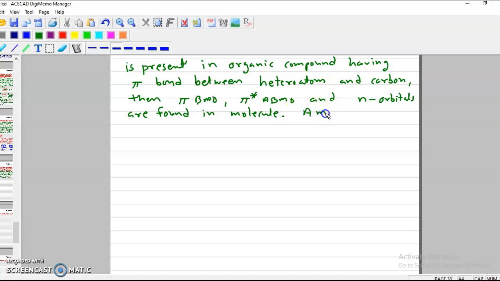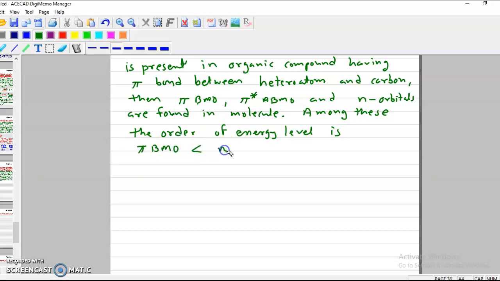Among these, the order of energy level is pi BMO less than n orbital less than pi star ABMO.